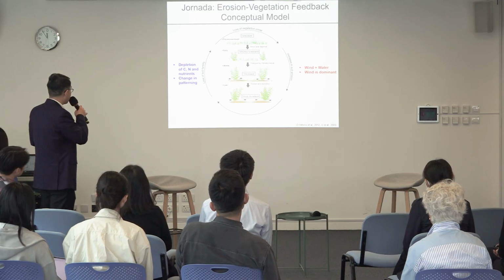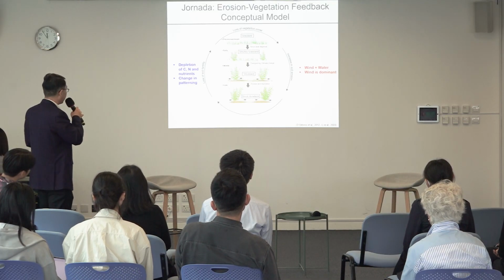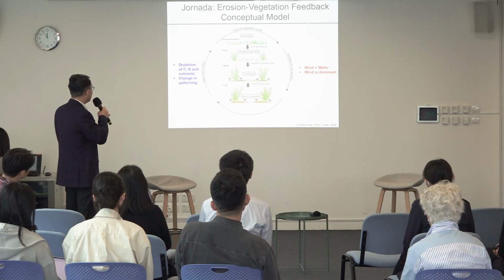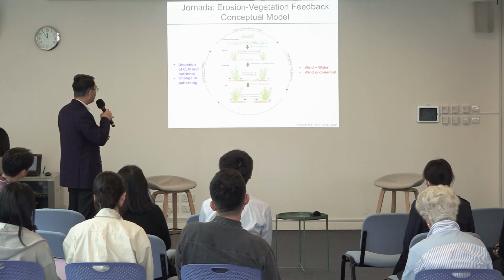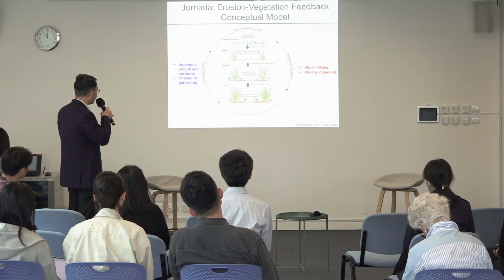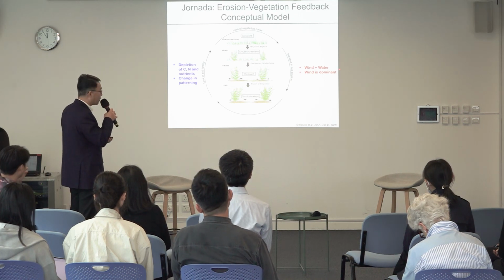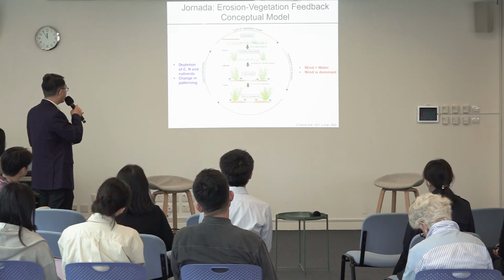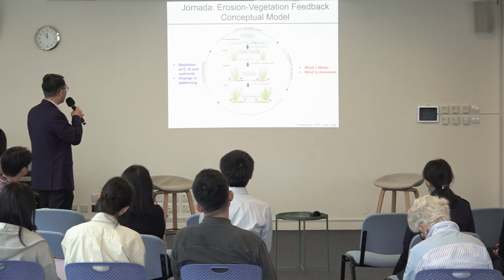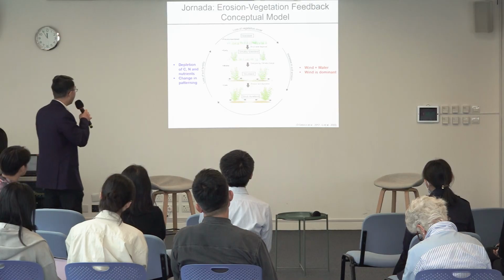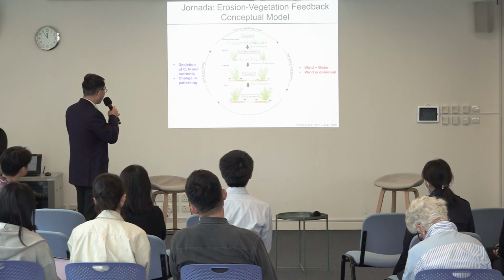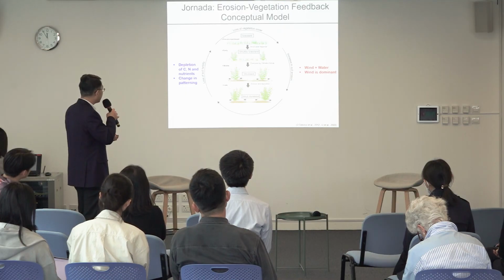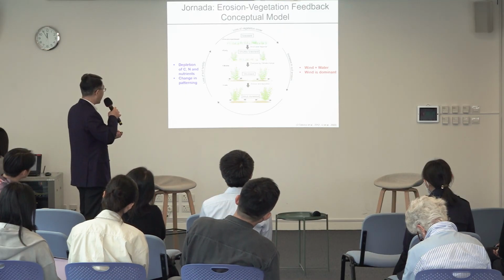And the first sort of framework, or conceptual model, that we came out with is focused on the process of wind and water erosion, and how the wind and water erosion processes could affect the continued development of woody plant encroachment, right? We have these different woody plant encroachment stages, and then we have increased soil erosion, which I identified.